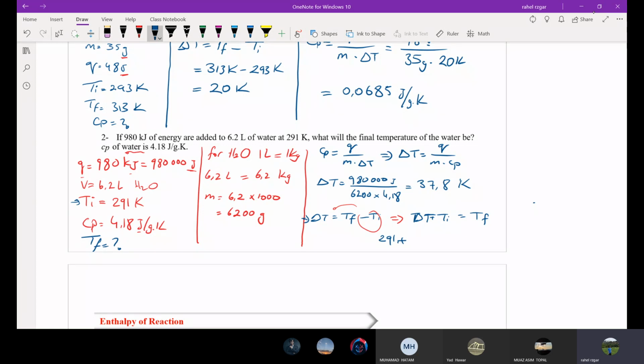T initial is 291, and delta T is 37.8. Then T final is equal to 328.8 Kelvin. That's T final.